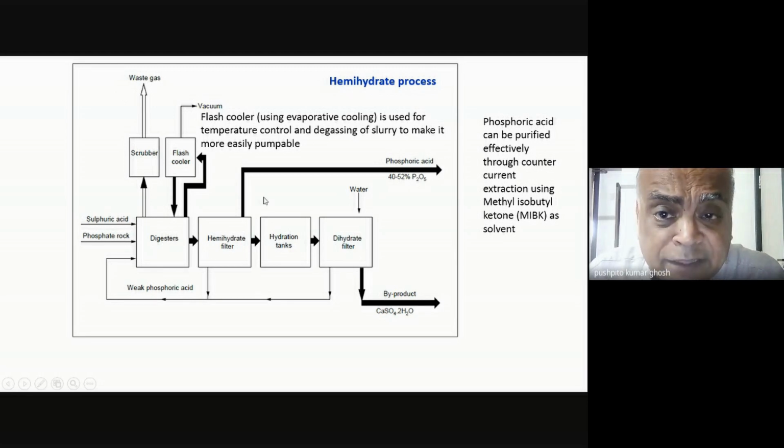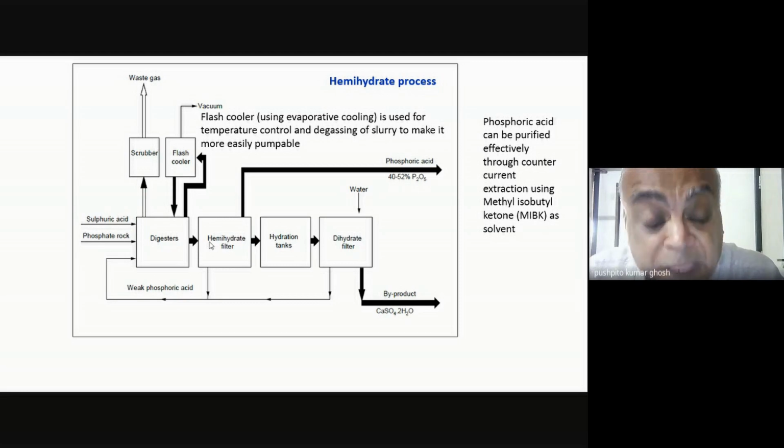And then in the hemihydrate process, I end up forming CaSO4 half H2O. Now you have a hemihydrate filter. What these people must have done, and the Japanese are the ones who I feel have got the best technology, companies like, I think, Nissan, is something extremely clever: putting in some crystal habit modifiers which help to retain a favorable morphology of the crystals, even though they are hemihydrate, half H2O.